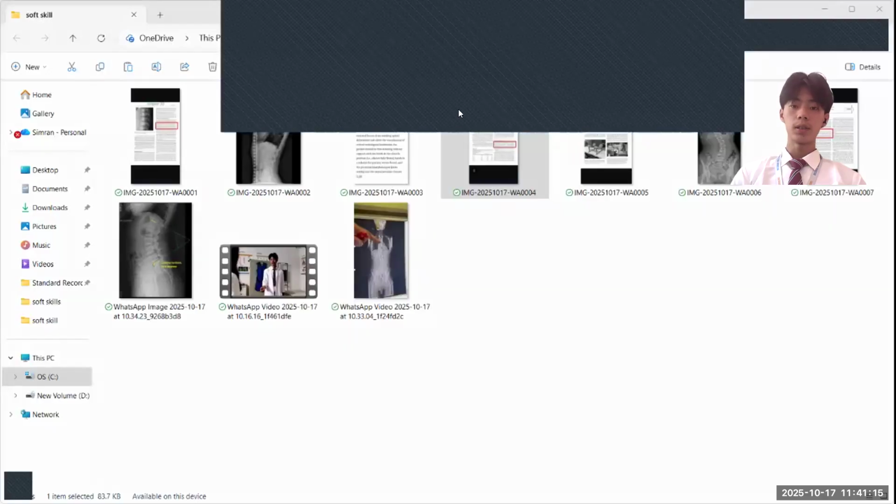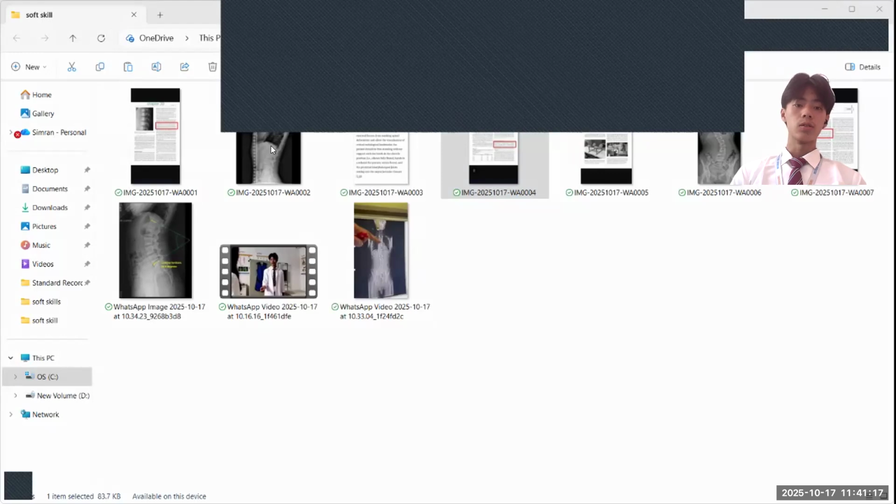For better understanding, we'll be referring to the X-ray of kyphosis, and we all know that X-rays help to understand better.